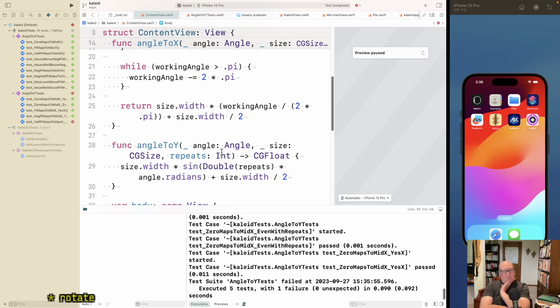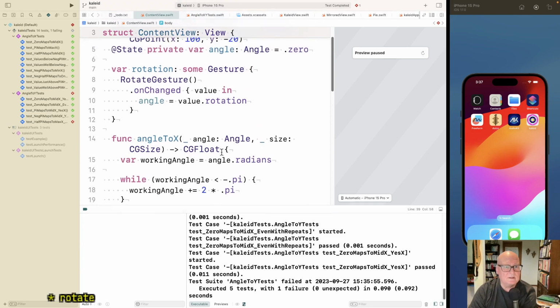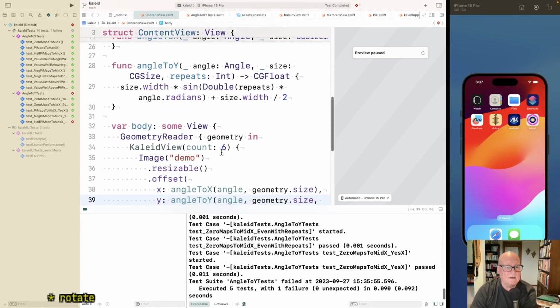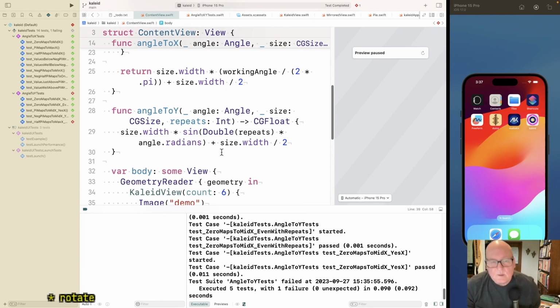Okay, the range of sine is minus 1 to 1, I guess. We want 1 to be... should this be a minus size of width? Okay, so sine of 1, golly, is it size of width over 2?